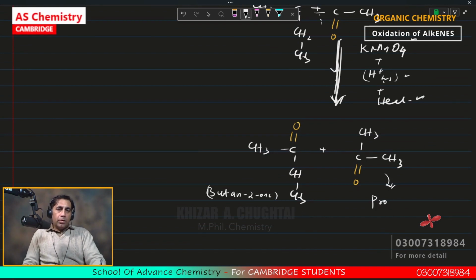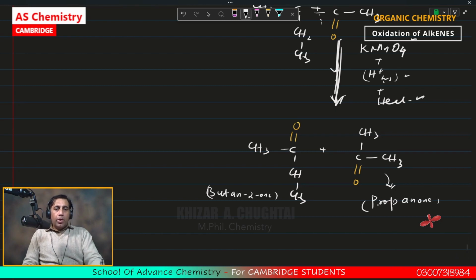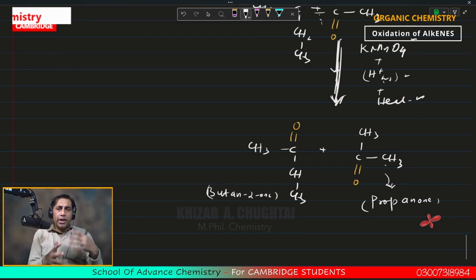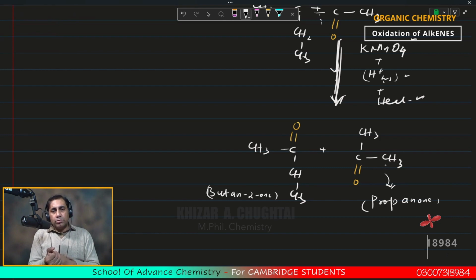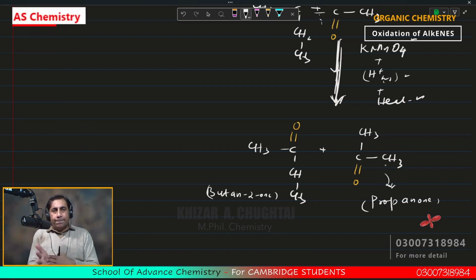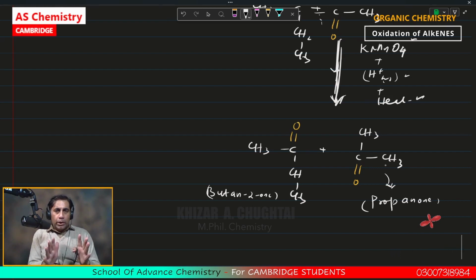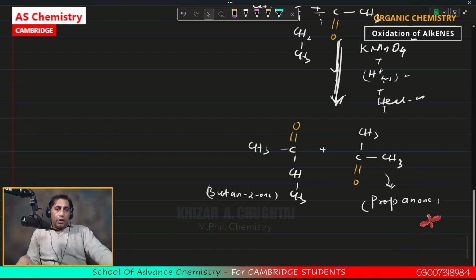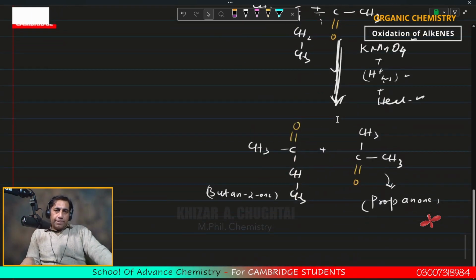The 3-carbon one can be simply written as propanone. Can you further oxidize butan-2-one or propanone? The answer is no, because they are ketones and these cannot be further oxidized. Now, come toward the next one.